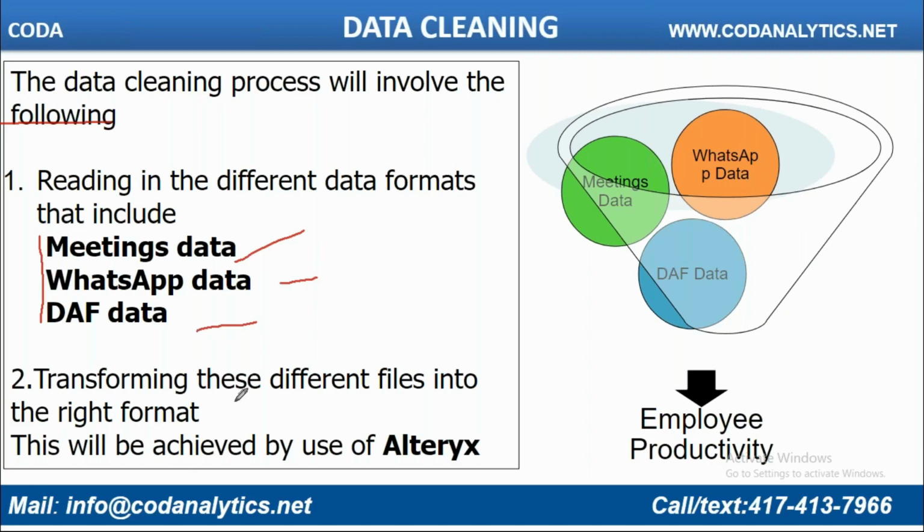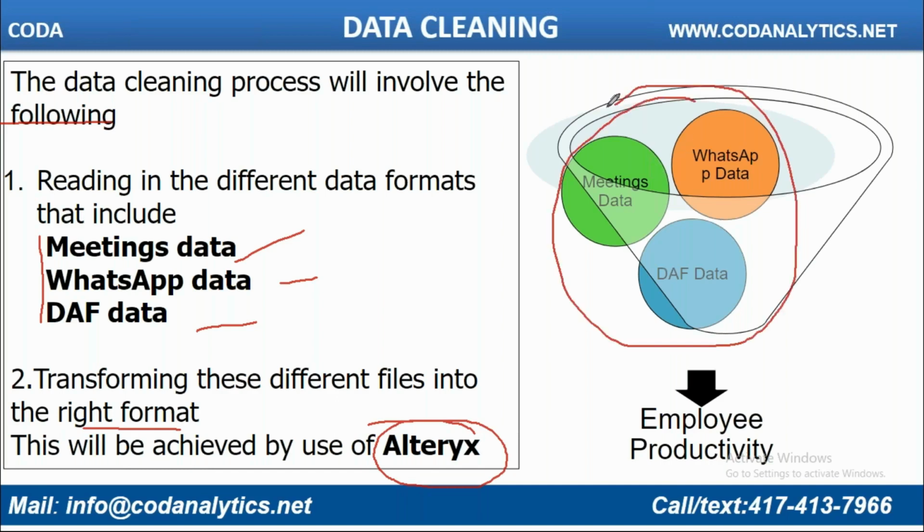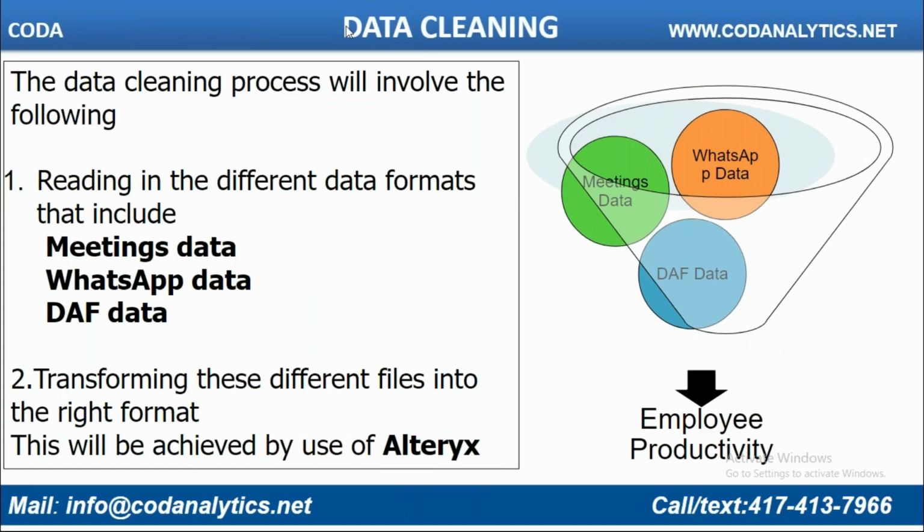And then 2, we transform, that is, transforming these different files into the right format. This will be achieved by use of the Alteryx tool. So this is what our session today involves. These are the different data sets that we are going to try to clean using the Alteryx tool. So let's now go ahead and start.